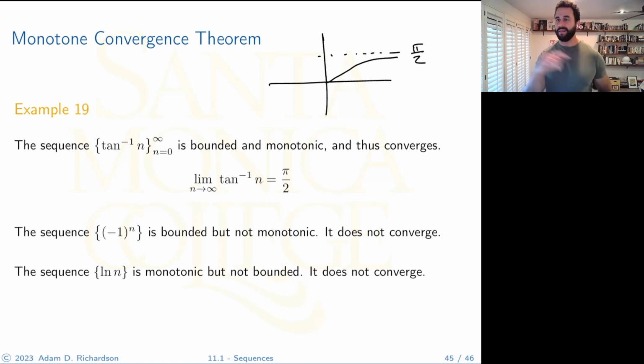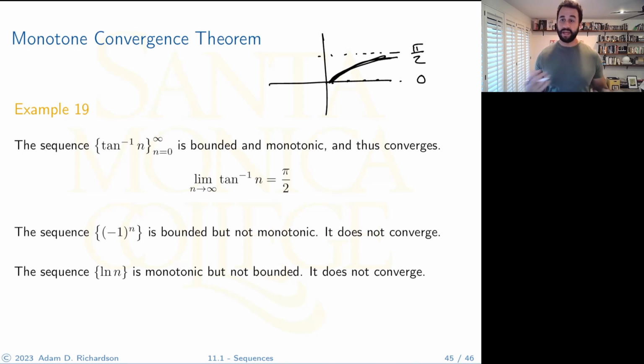There you go, except not a line. It should be dotted, right? So instead of this being a line, it should be dotted. Well, it's bounded because it's bounded above and it's bounded below. So it's bounded, and it's also monotonic, which means it's just increasing. Therefore, it converges by the MCT, and it converges to the number pi over 2.